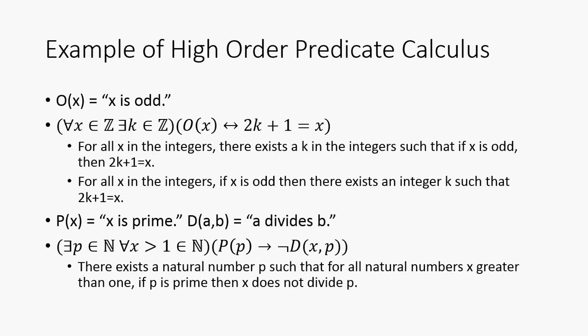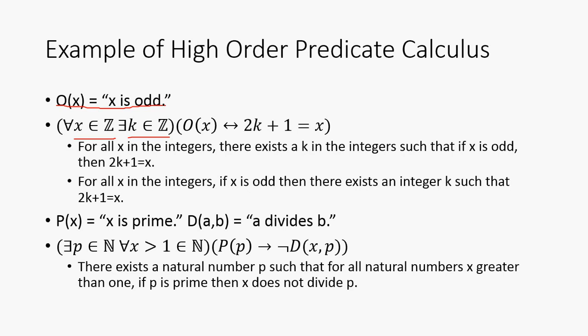So here's an example of some more higher-order predicate statements. Consider the statement that x is odd, represented by O of x. So for all x in the integers, there exists some integer k in the integers, such that O of x if and only if 2k plus 1 is equivalent to x.